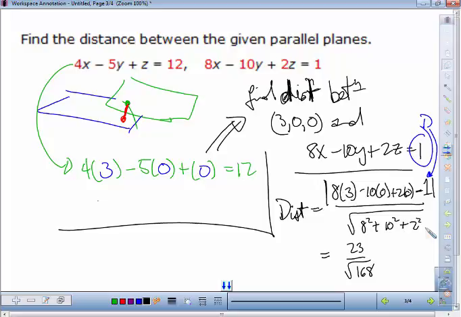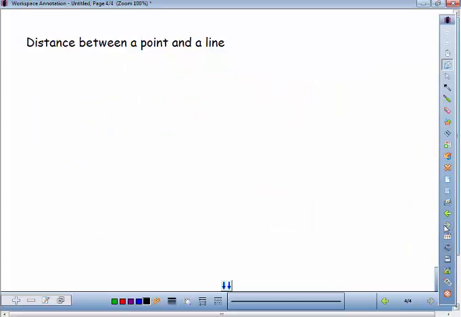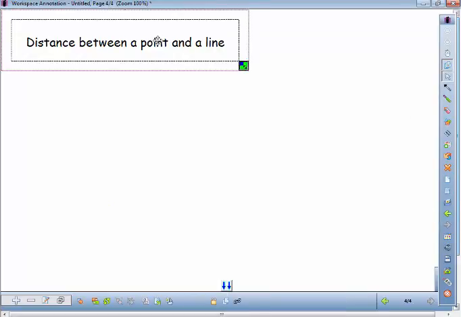Do you remember seeing a distance between a line and a point? No? I did see the distance between two skew lines. I spent hours on that problem alone.